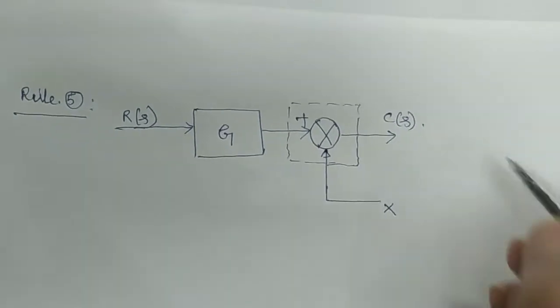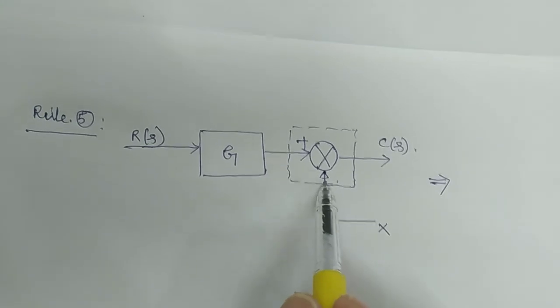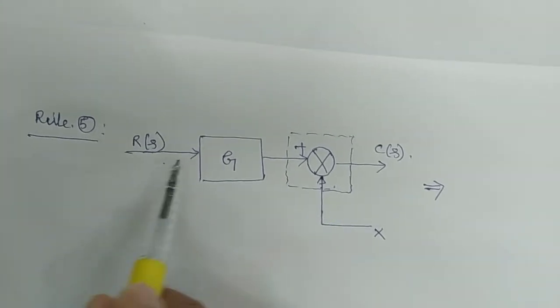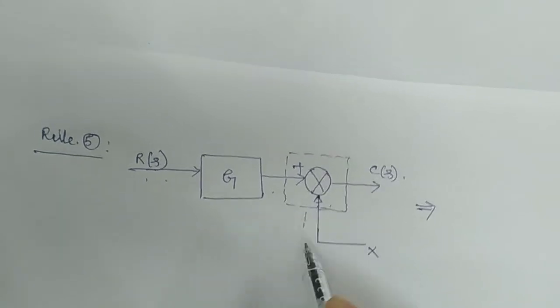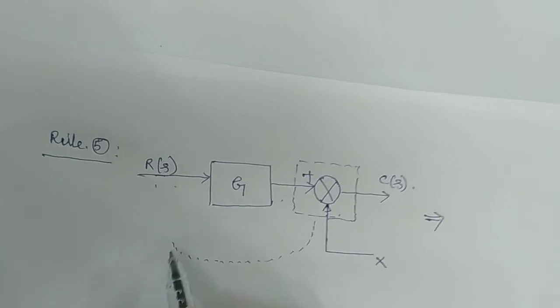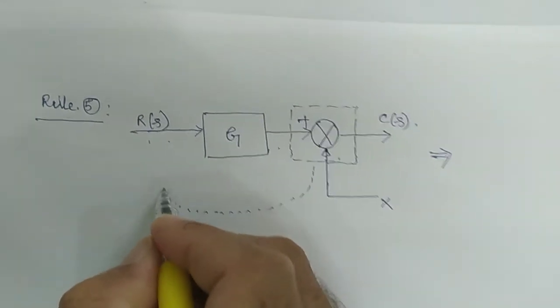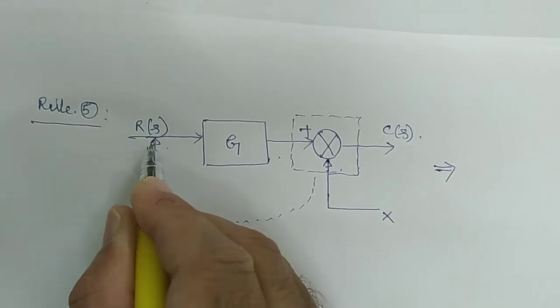Now I want to shift this summer point before the block, from here to just before the block, because in the given problem, as per our convenience, we have to apply these rules wherever applicable.